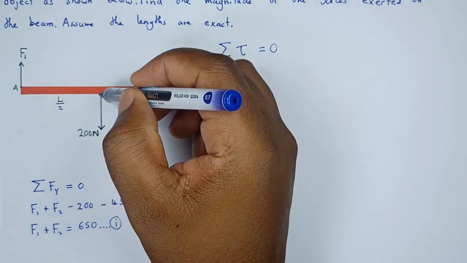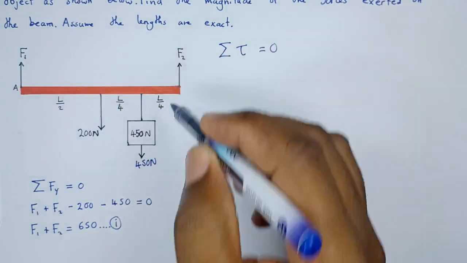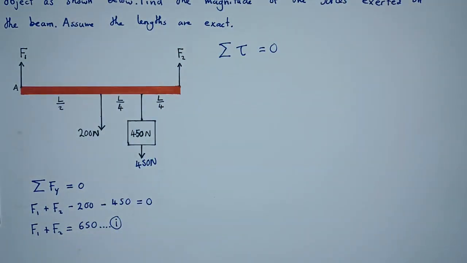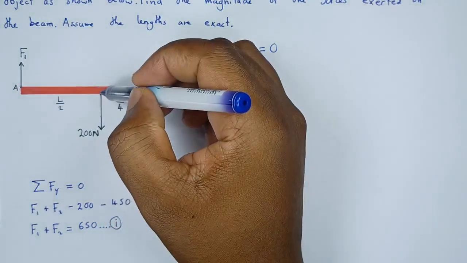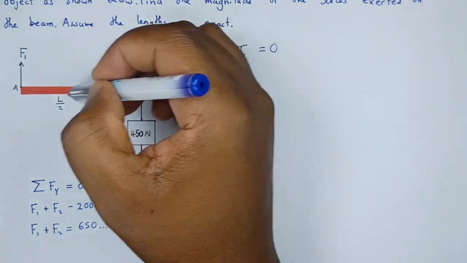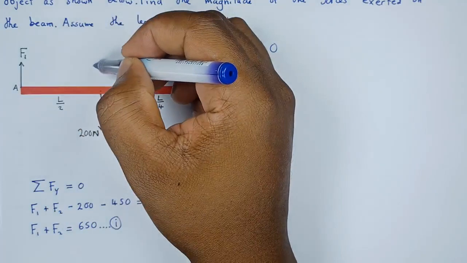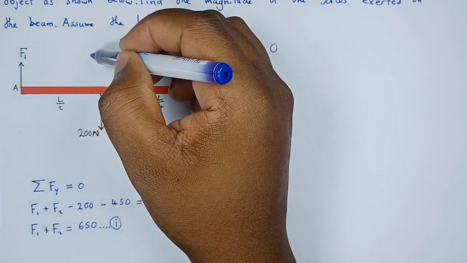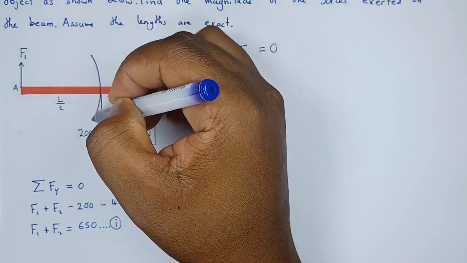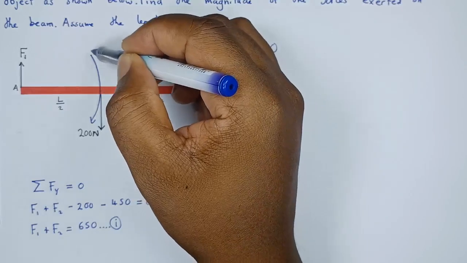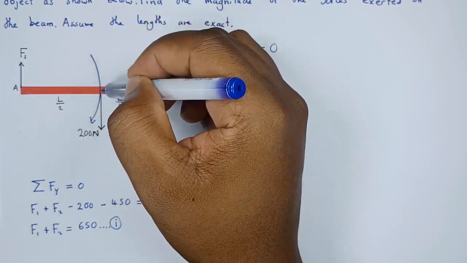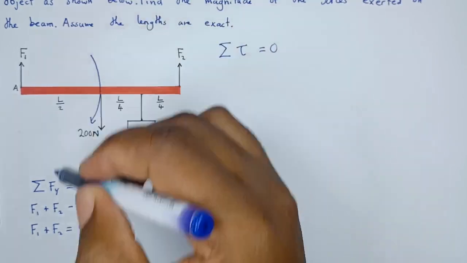At every point where we have a force acting on the beam, we shall have torque acting on it. So let's start with this point here. Since A is the point of rotation, this object can rotate about this point like this. If you look at this type of rotation at this point, this is clockwise.